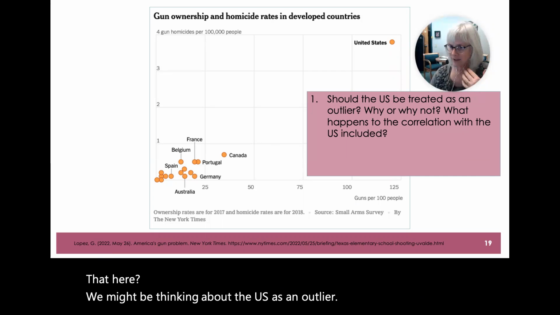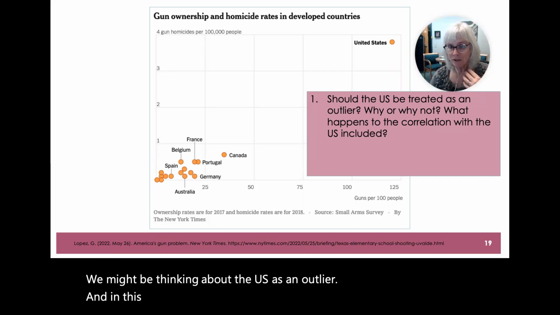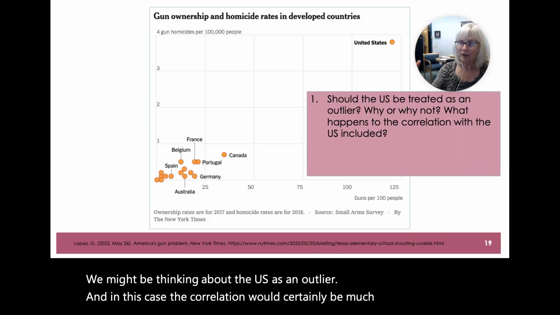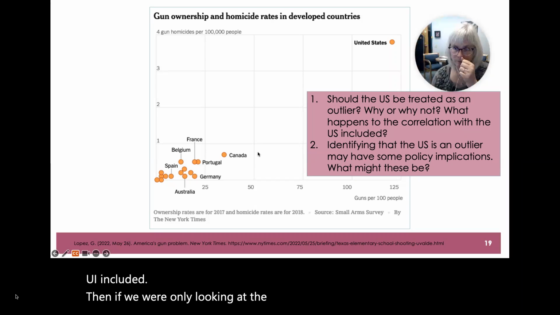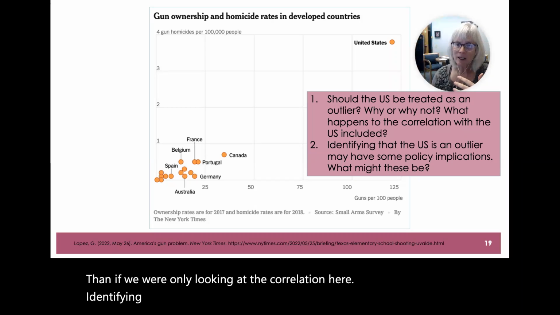And in this case, the correlation would certainly be much bigger, having the US included, than if we were only looking at the correlation here. Identifying the US as an outlier may have some policy implications then.